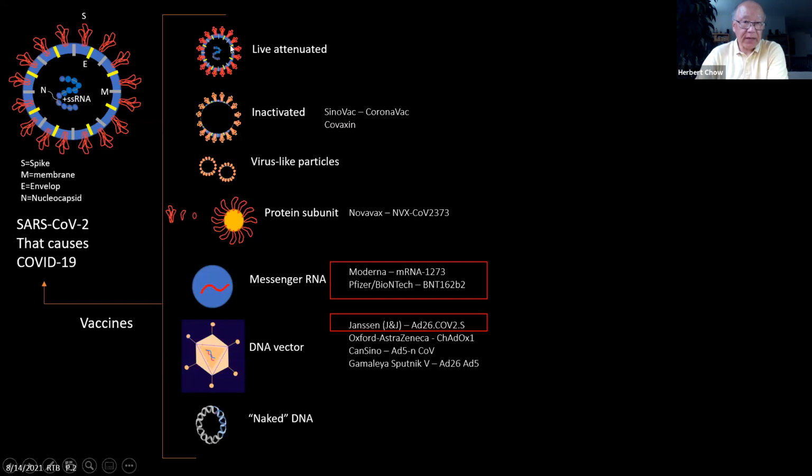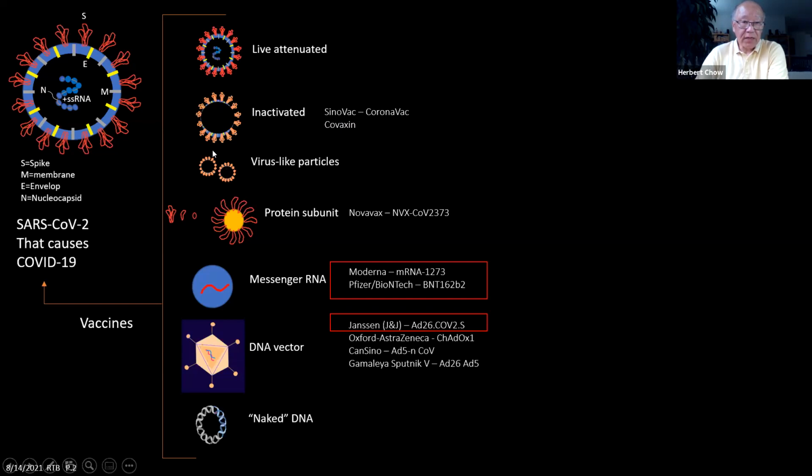And we have many old vaccines made this way. We're still making inactivated vaccines. The Sinovac vaccine is one example. This is just a virus that is now dead. It still retains the antigens good enough to vaccinate people. There are virus-like particles that are shed from the virus, and you can use that for a vaccine.